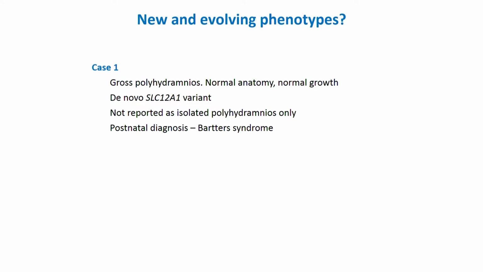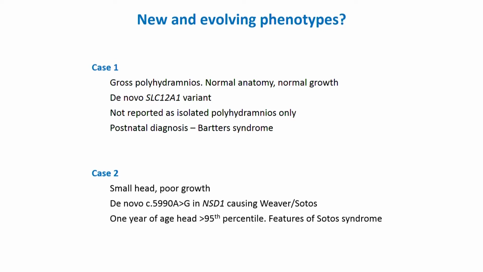So this is an example of a prenatal presentation of a condition which we recognise postnatally, but need to learn more about the prenatal phenotype. And here's another one. This baby presented antenatally with a small head and poor growth and was referred for exome sequencing. We had a de novo mutation in the NSD1 gene, which causes Weaver or Sotos syndrome, not reported because these are overgrowth syndromes, so you wouldn't expect necessarily to see it with a small head and poor growth prenatally.